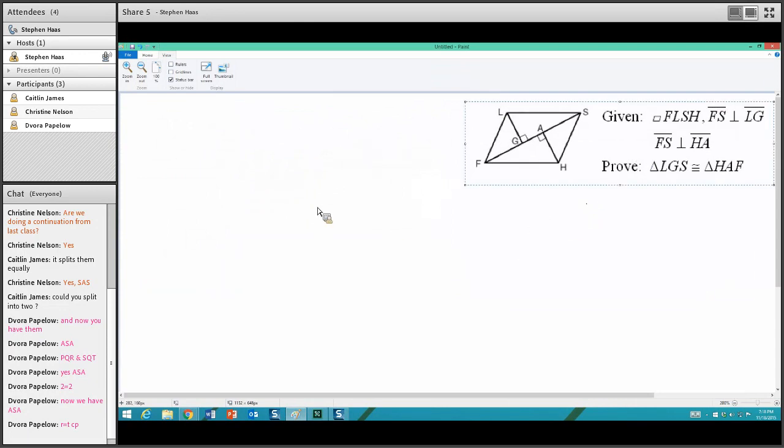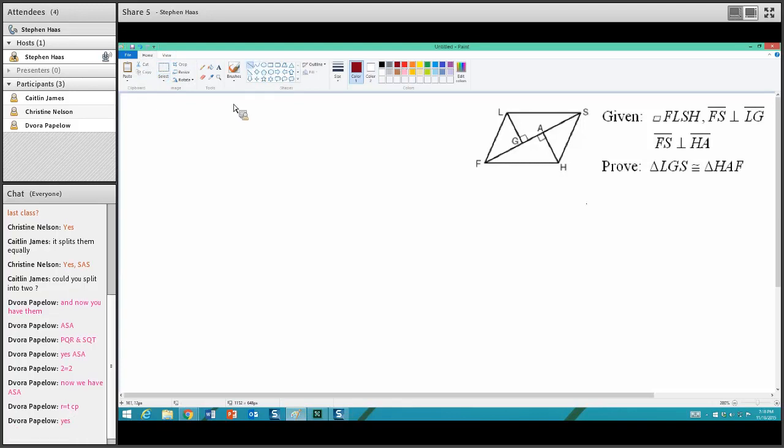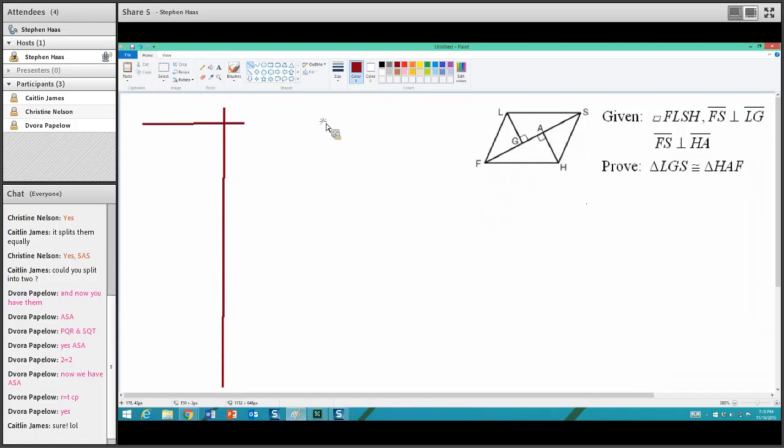Okay, how about this one? This one look like fun also? Again, let's make our little grid over here.